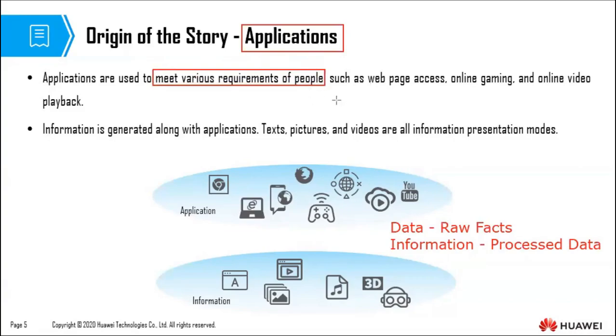They enable you to perform specific tasks. For example, a browser will help you to access web pages. You might have an online gaming application or an online video playback like Netflix. So those are applications, and they might generate information. Information is generated along with applications.